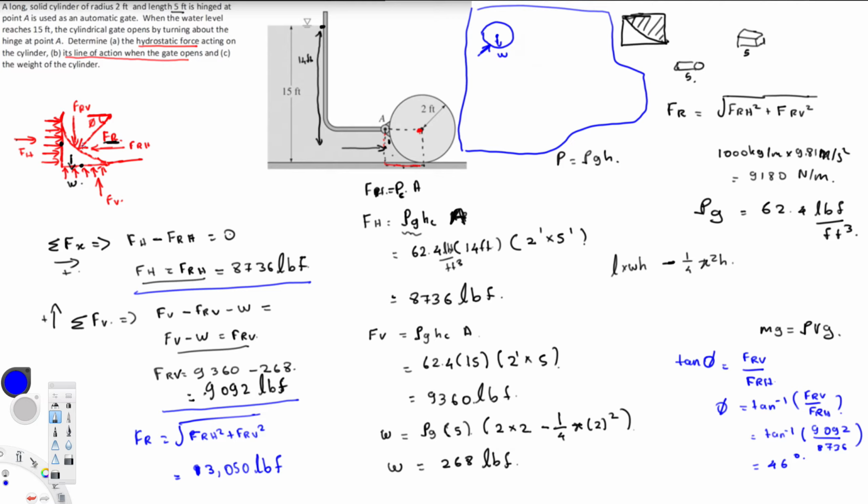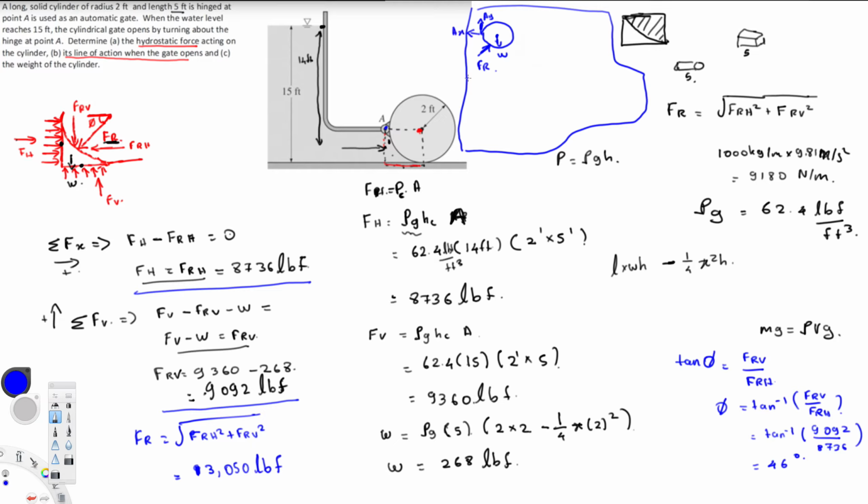When we separate, this direction is going to be opposite, so FR right here. Since it's the hinge point, this is going to have two forces, AY and AX.